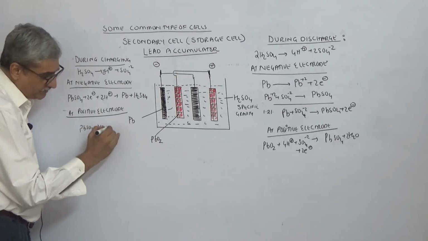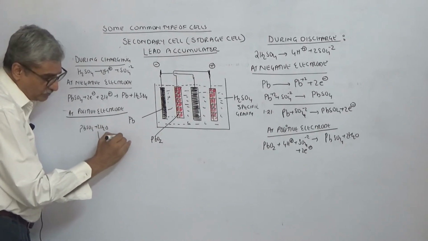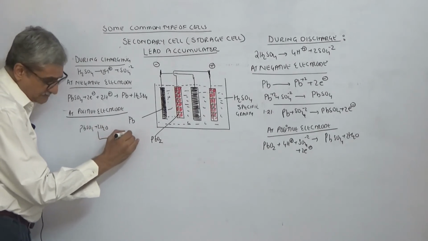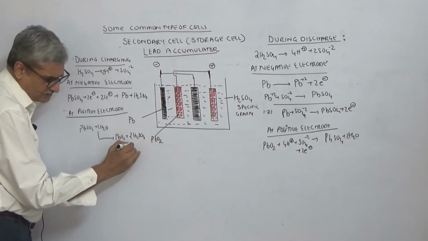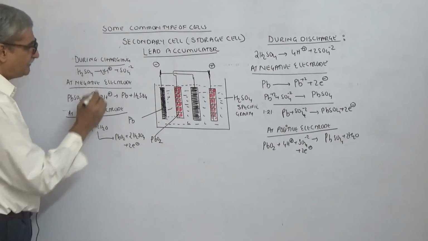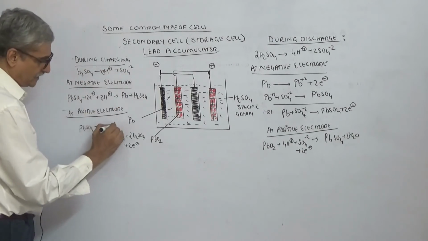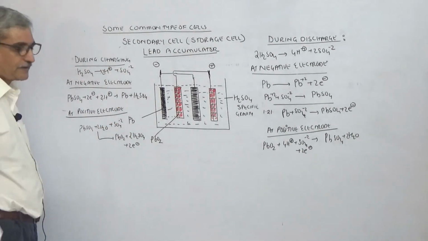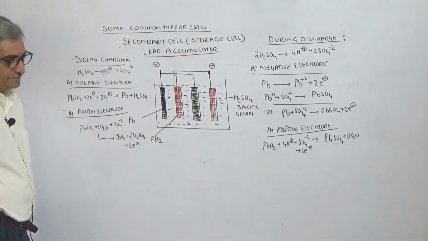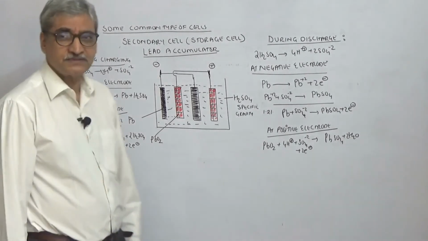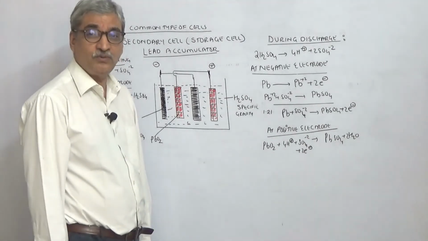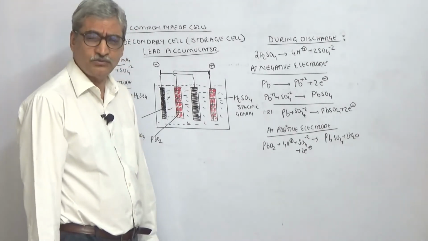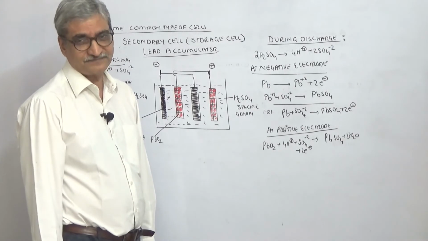It's going to form PbO2 plus 2H2SO4 plus 2 electrons. Where is the sulfate going to come from? Here. Plus SO4 2-. So again, your specific gravity reaches 1.21. The moment it reaches 1.21, we stop charging.